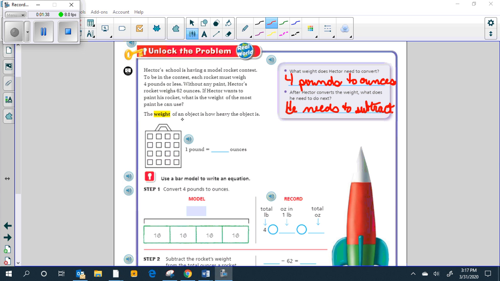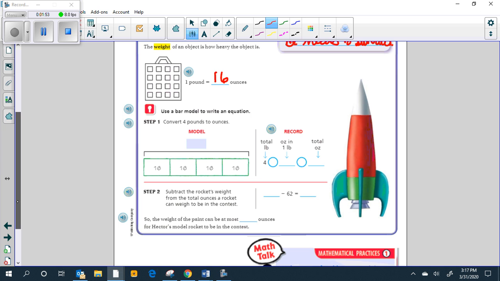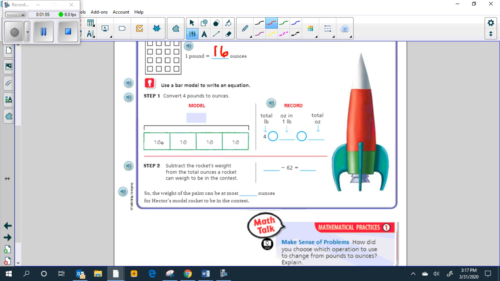The weight of an object is how heavy the object is. So this icon represents 1 pound. In 1 pound, there are 16 ounces. So as we look at the bar model, 4 pounds, each of those has 16 ounces.